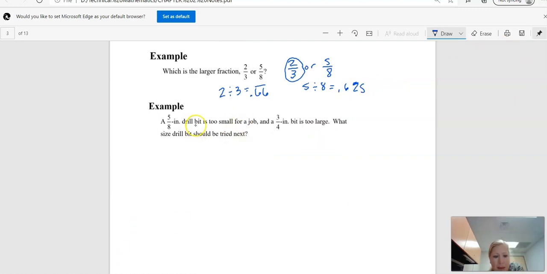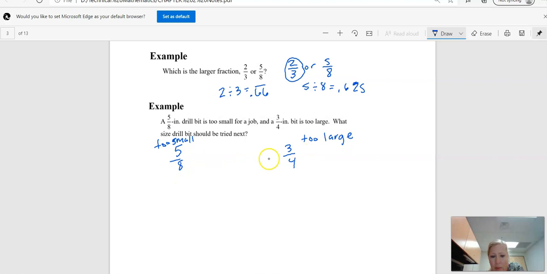A 5/8 inch drill bit is too small for a job, and a 3/4 inch bit is too large. What size drill bit should be tried next? So they said what we have is a 5/8 is too small, and 3/4 is too large.